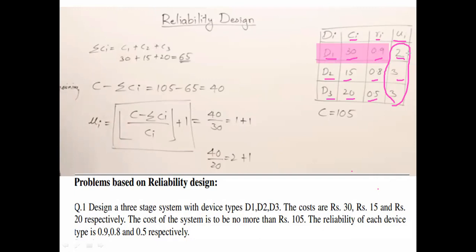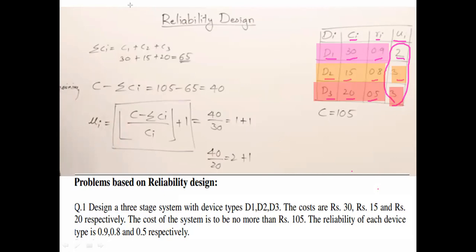How many devices do we need as backup? For stage 2, D2, 15 cost, 0.8 reliability, how many devices do we need? And for this device, how many devices do we need?